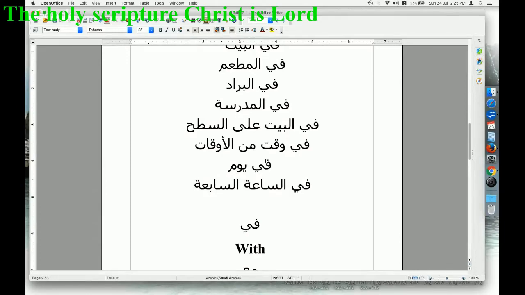So في الساعة السابعة, or I can just make it short and say في السابعة, because already we are talking about timing, so I do not need to mention الساعة. في السابعة, which means not exactly at, maybe 7:30, 7:15. If I want to say exactly, I say في تمام السابعة. 7 exactly. At 7 exactly. All right.